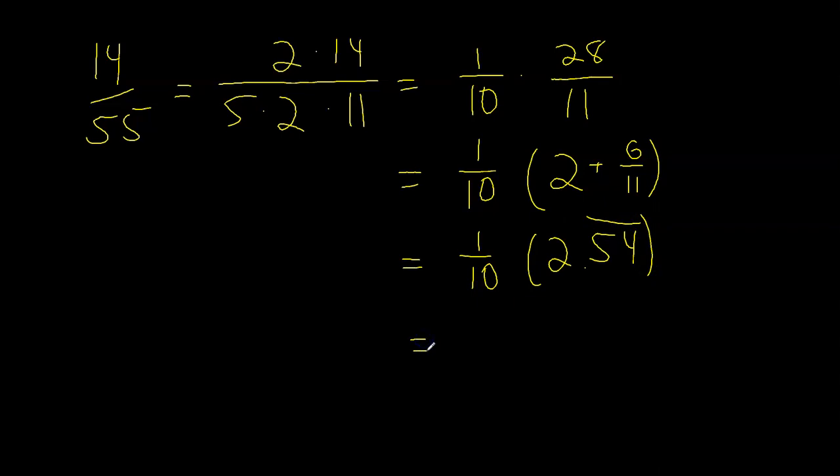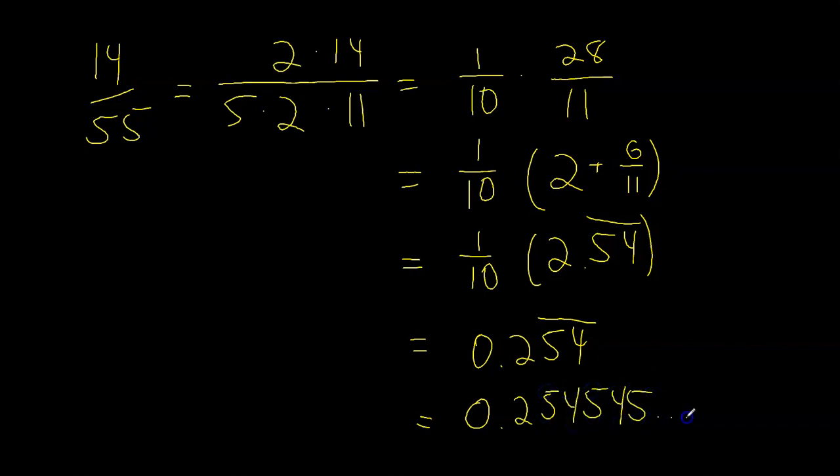Multiplying by 1/10 is just a matter of moving the decimal, and so we have 0.254, and the 54 is repeating. Let me just write that out with a couple more decimal places. And let's turn this into a percentage.